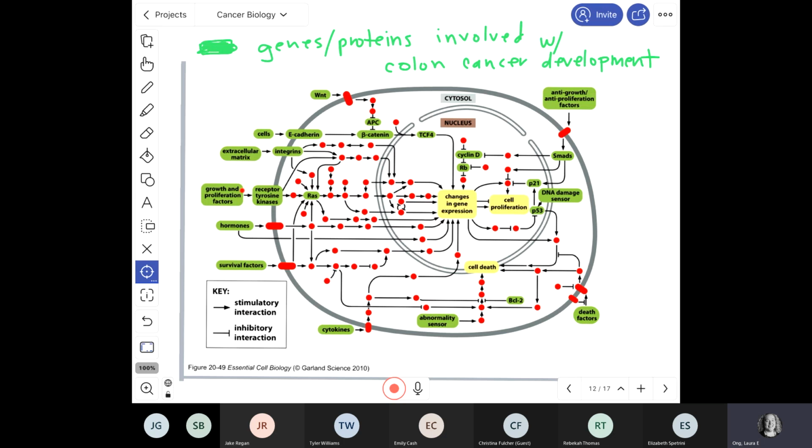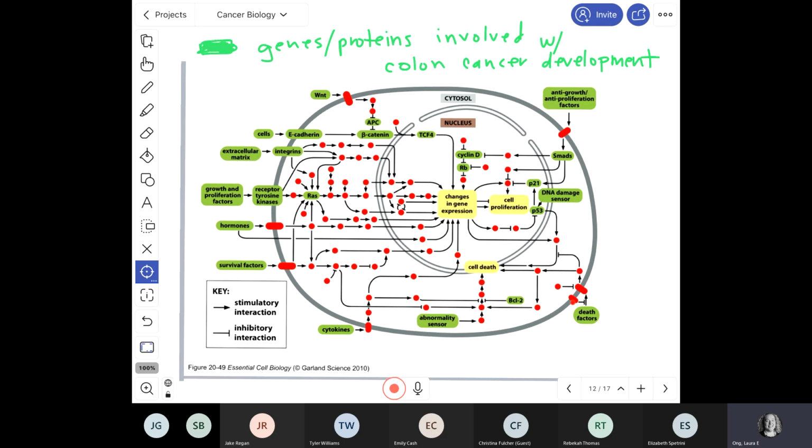Or we could look at, oh, here's cyclin. We talked about cyclins and how they promote cell proliferation. We talked about P53. We talked a little bit about Wnt. So for people that study colon cancer in detail and want to provide treatments and prevention, everything on here relates to either promoting cell proliferation or promoting cell death in some way.